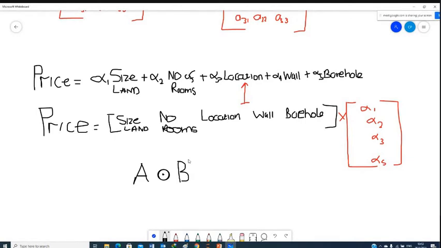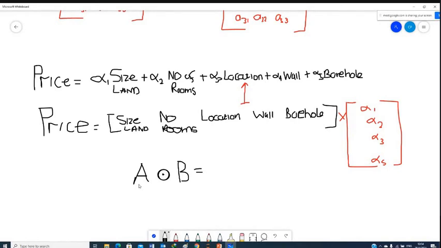Come on, guys! How many here have done maths at university level or A level? Isn't that a dot multiplication, though? Yeah, exactly. That's the dot multiplication.